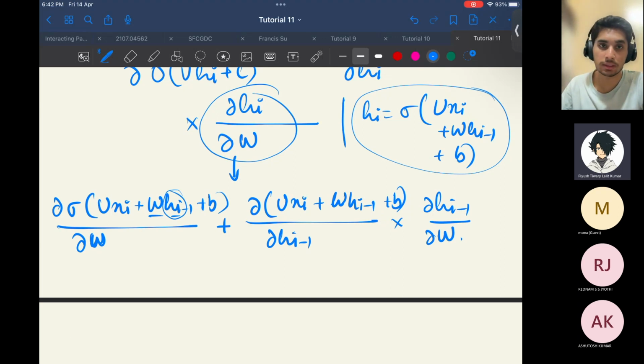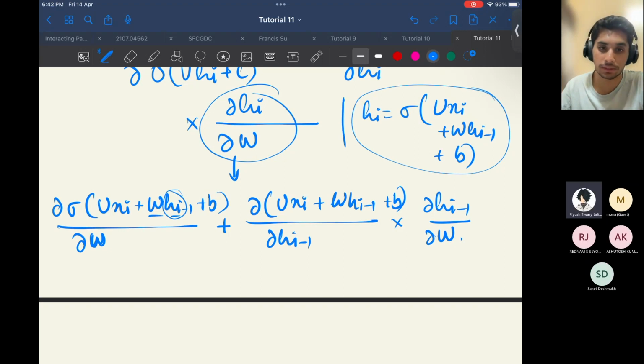I am just using the simple chain rule that we have been using, so I have done nothing special.